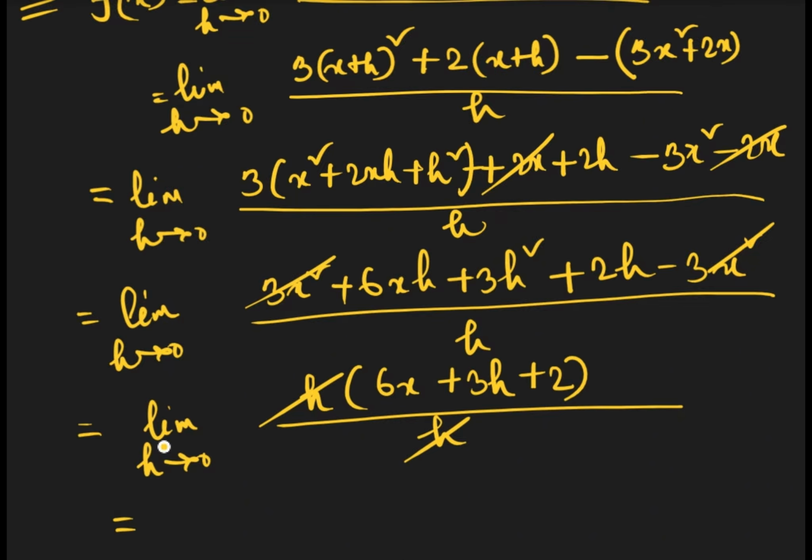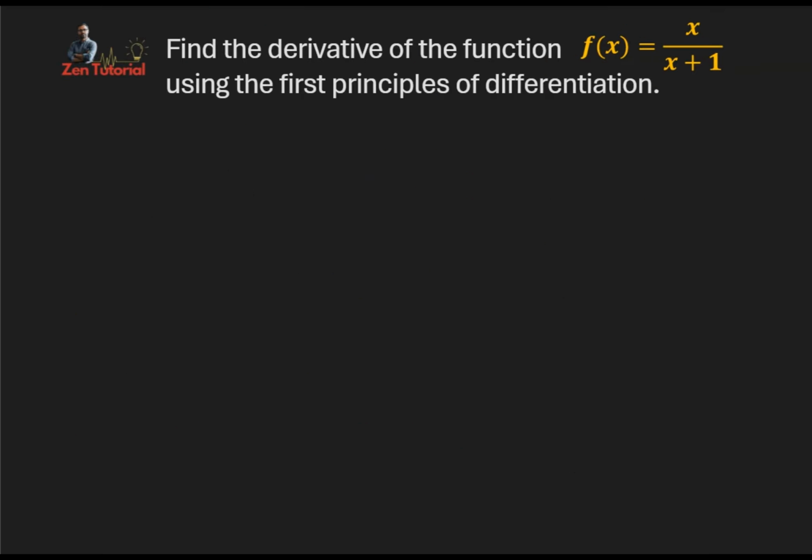Now if we plug in the value of 0 at h, it won't be infinity or 0 by 0 order, so we could plug in the value of 0 instead of h. So 6x plus 3 dot 0 plus 2. So we could write down 6x plus 2. So this is the final answer.